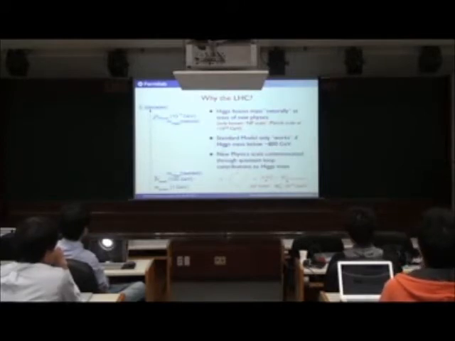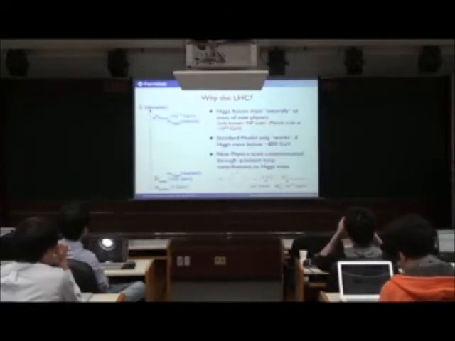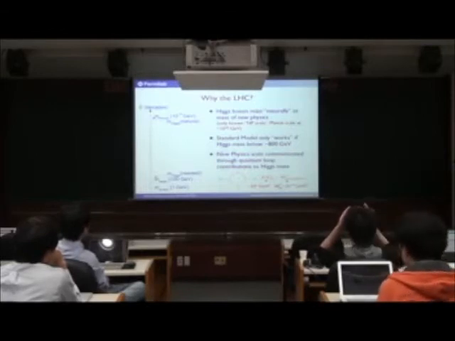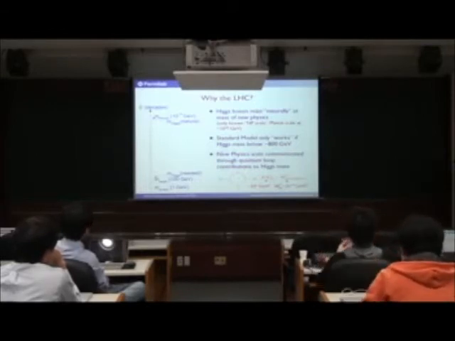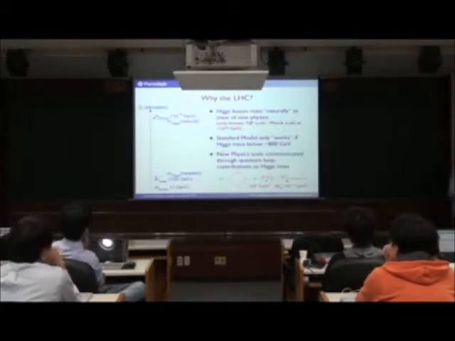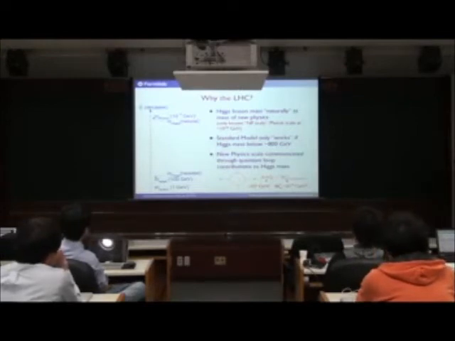So, why are we here? What's all the buzz with the LHC? Well, the main point in my way of viewing this is the Higgs boson. The Higgs boson has a natural mass which is at the scale of whatever new physics is out there, and the only new physics that we know from the point of view of quantum field theory is the Planck mass, so gravity.